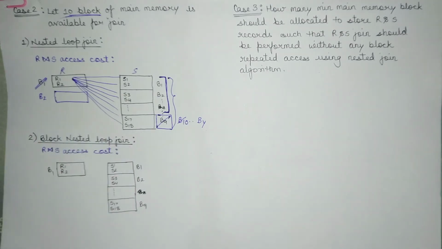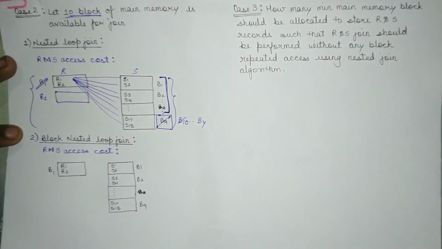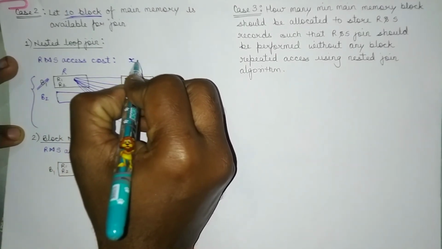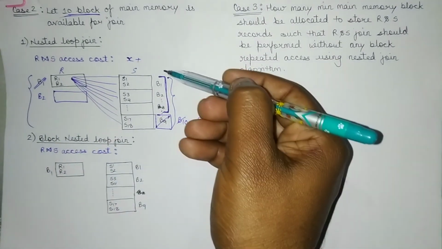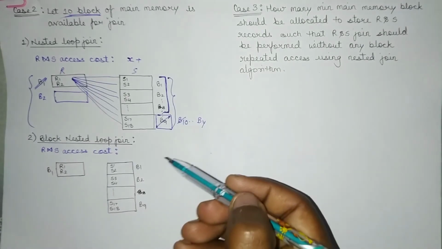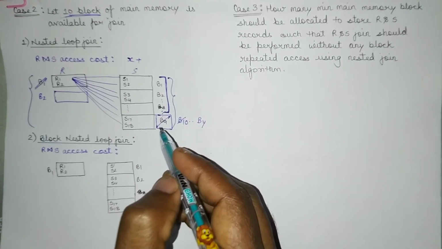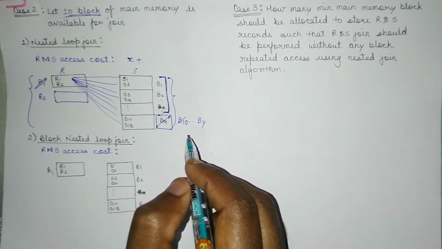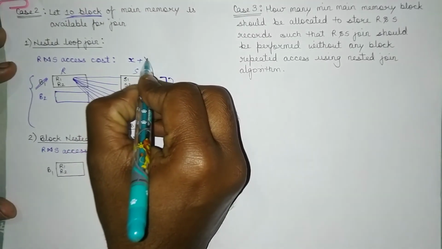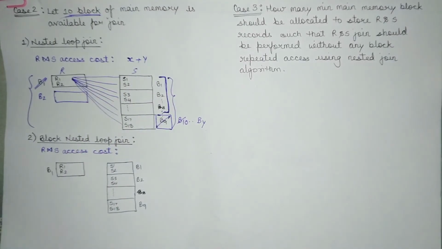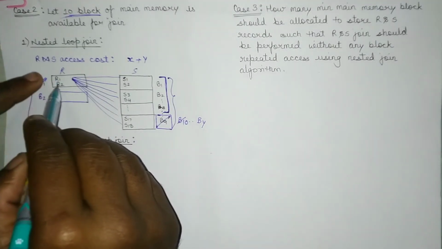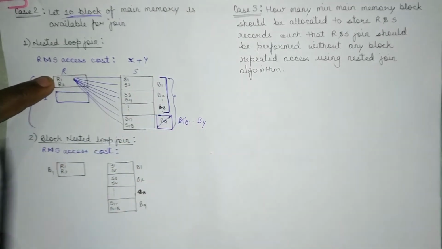So what will be the access cost in this particular case? First, you have to access all these X blocks of relation R one by one. So this X plus, for the first time you have to access all these blocks of the relation S, because 1 to 9 we are accessing at one time, and the rest from B10 to BY we are accessing at another time. So we are accessing this Y also. This is the case for R1: we are accessing all the Y blocks.